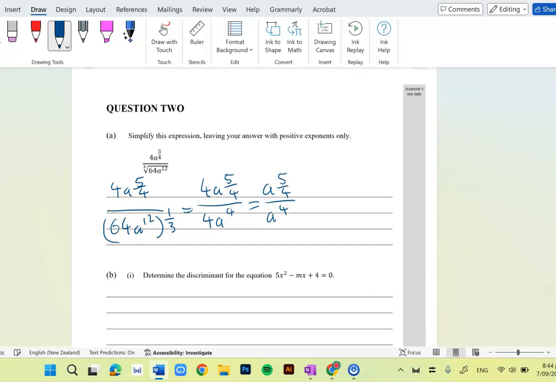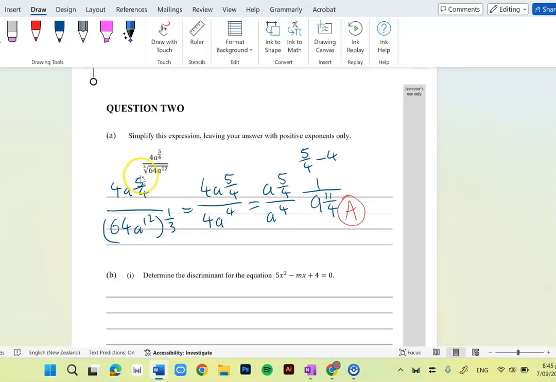Now, when we divide powers, we minus them. So it's going to be 5/4 minus 4. And your final answer will look like a to the power of 11 over 4. So, grades wise, this is just an achieved.